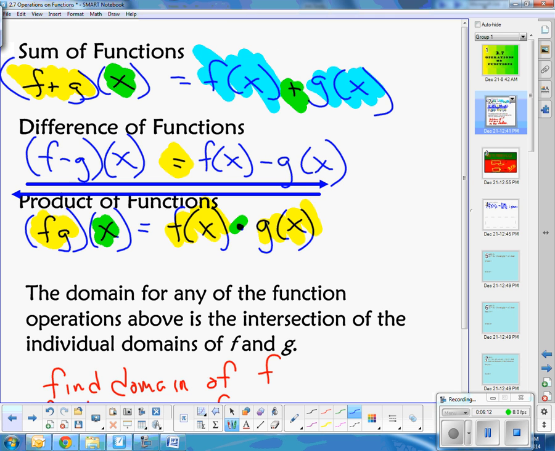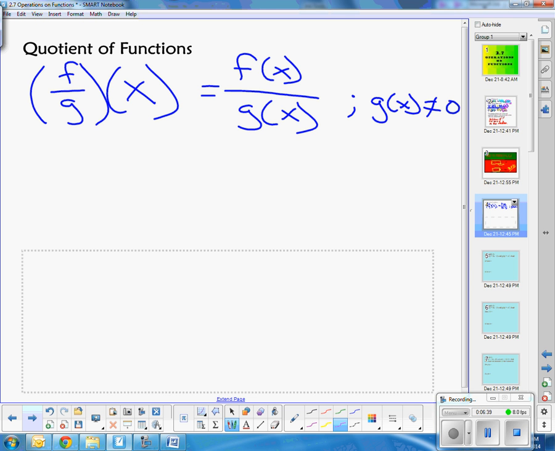For the other functions, it's not a big deal. If this number was a 0, no big deal. I can add 0. I can subtract 0. And if this number is 0, it's fine. Multiplication by 0 is defined. I get an answer. The answer would be 0. It's not very interesting, but the answer still exists. But in this particular case, if this ends up being 0, that would be bad for us. So we're not allowed to do that. So we have to be careful.